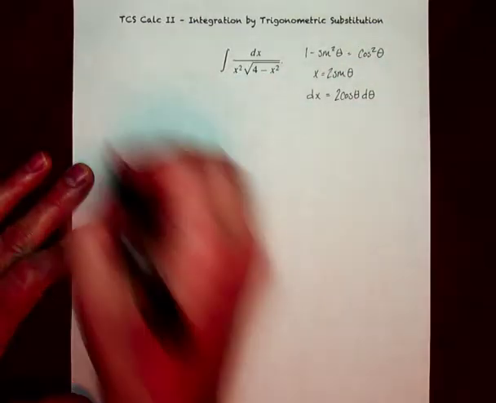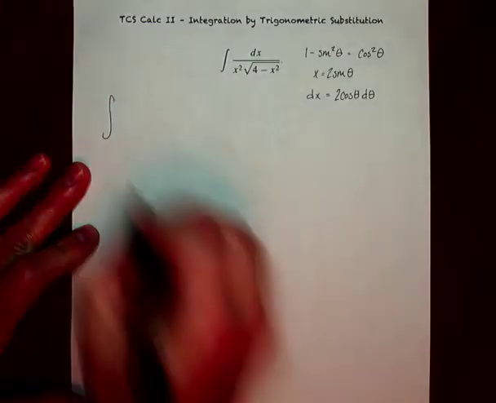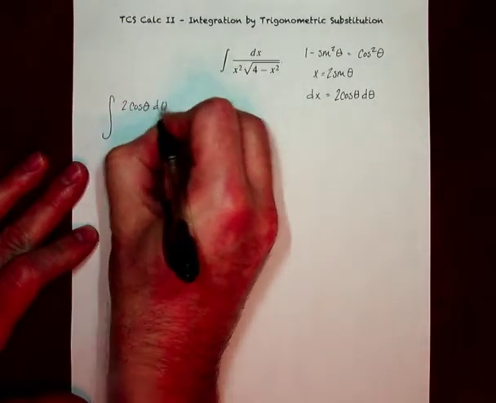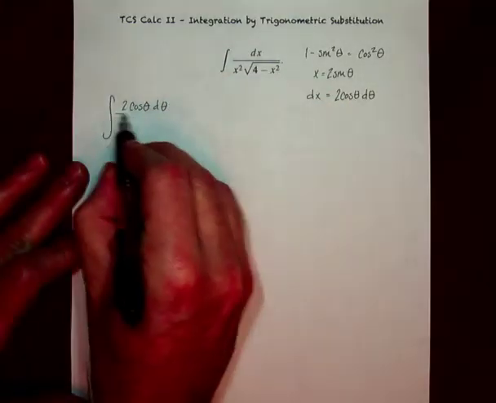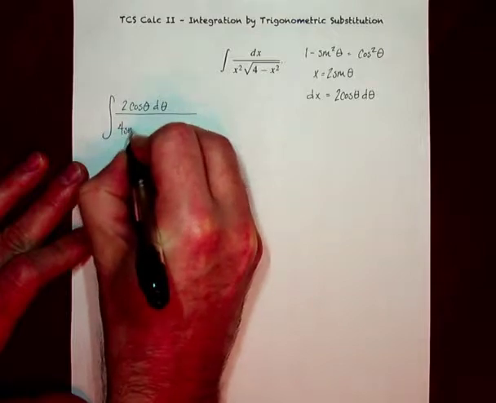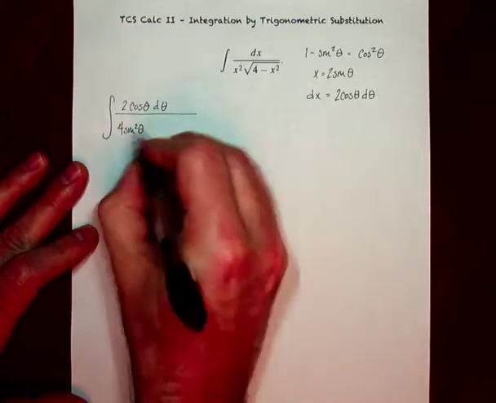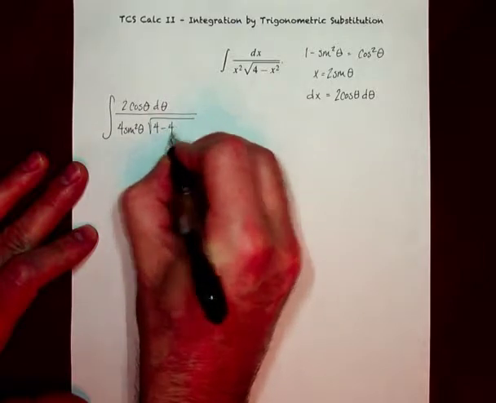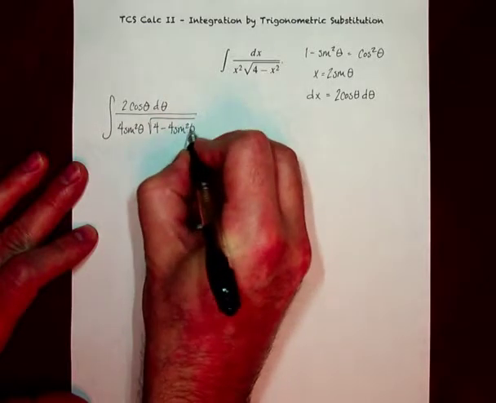All right, let's go ahead and do that. So we have 2 cosine theta d theta, and that goes in for my dx. My x squared becomes 4 sine squared theta, and this underneath the radical becomes 4 minus 4 sine squared theta.